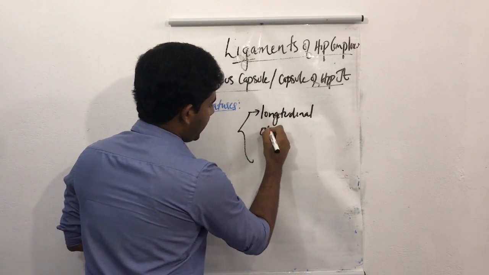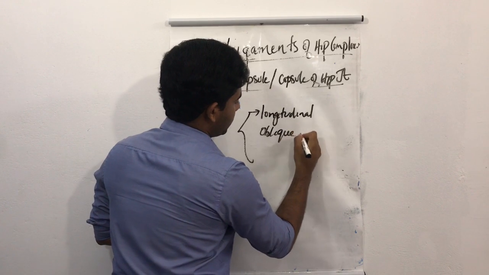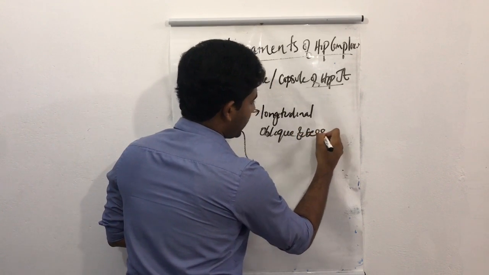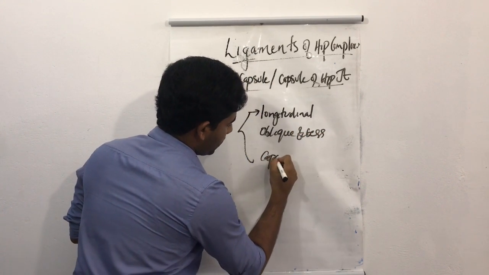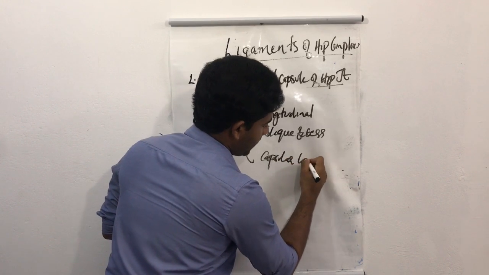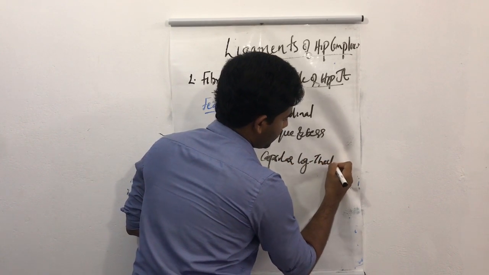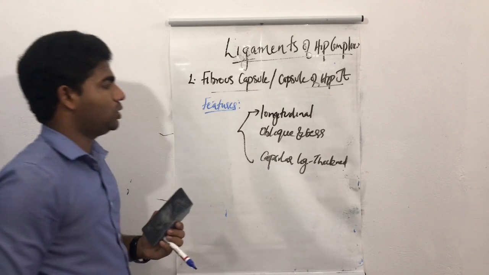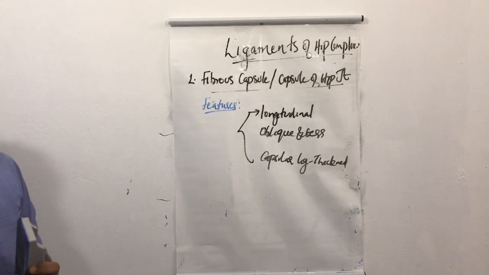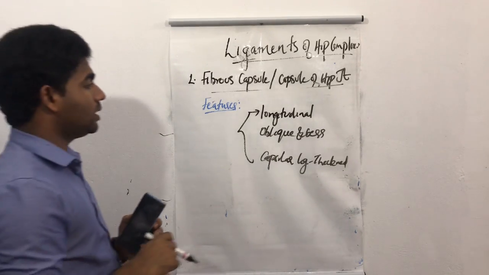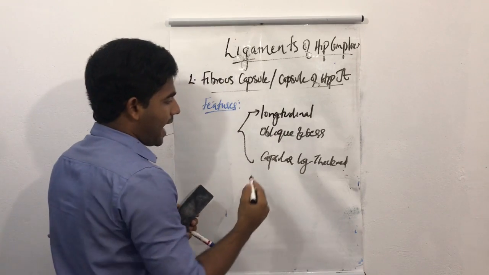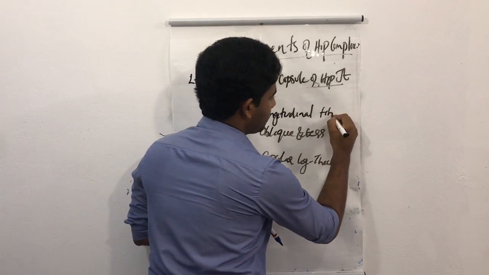The other one is oblique fibers. The last one is capsular ligaments, thickened ligaments. So if you open up the capsule, you can see the longitudinal fibers, oblique fibers and capsular ligaments.